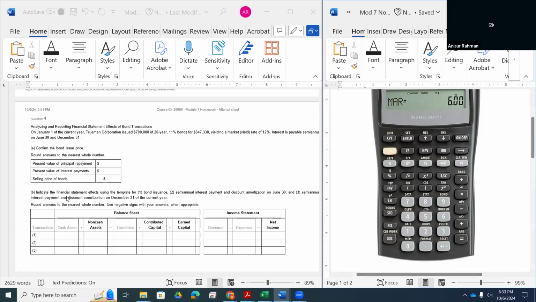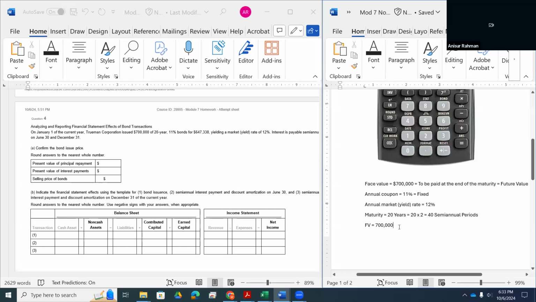We have to find out the present value of principal repayment, so we have to find this PV. And the future value is 700,000.